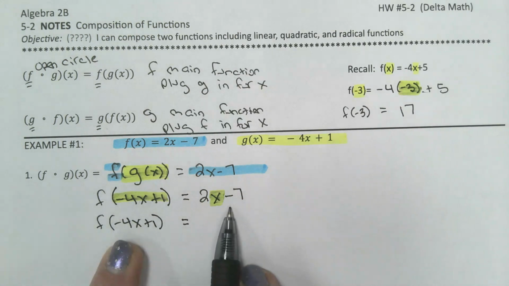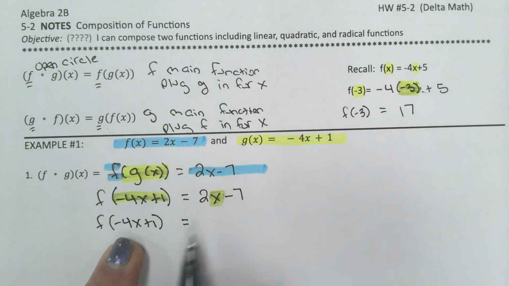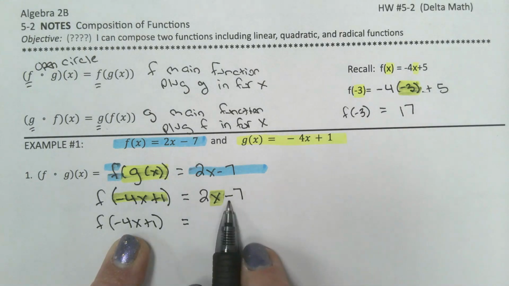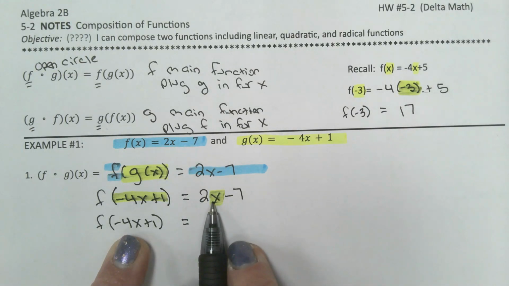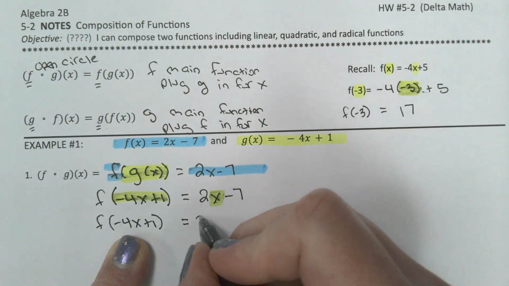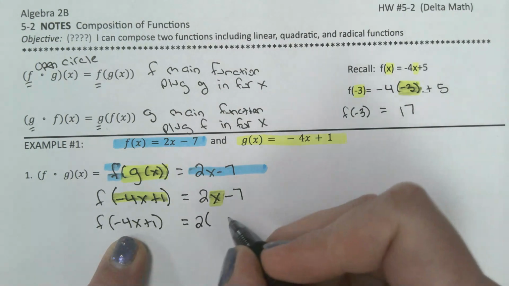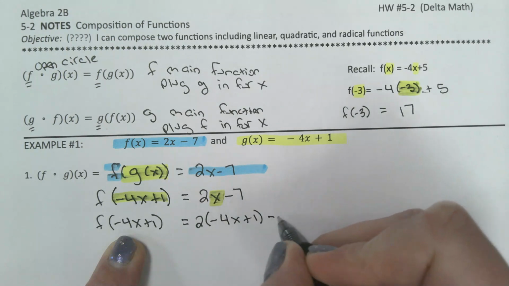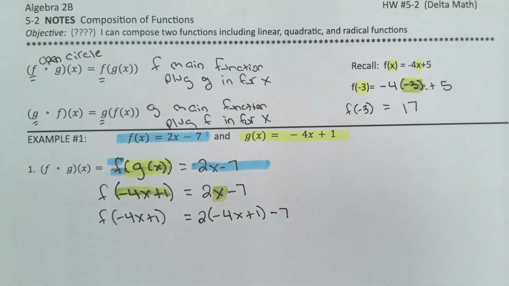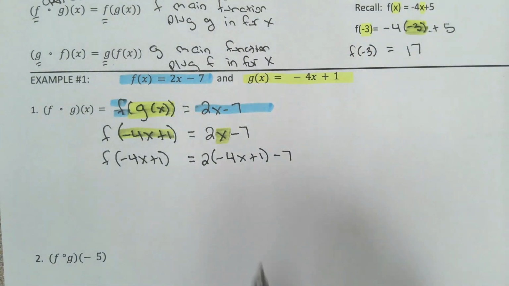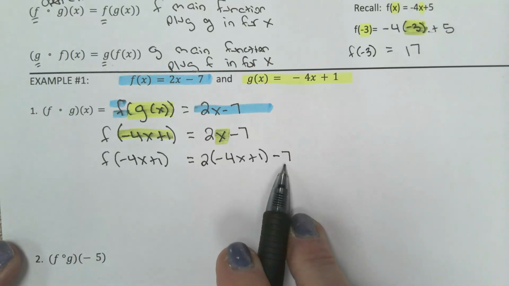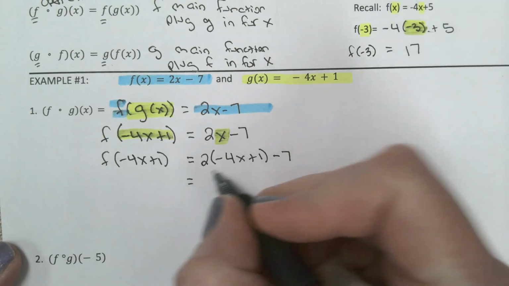Now instead of just substituting in a single number, I'm going to substitute in this expression. 2x is multiplication, so I need to keep my multiplication intact, and I'm subbing in multiple terms. Therefore, I need parentheses. Now I'm just going to distribute and combine like terms over here on this side.